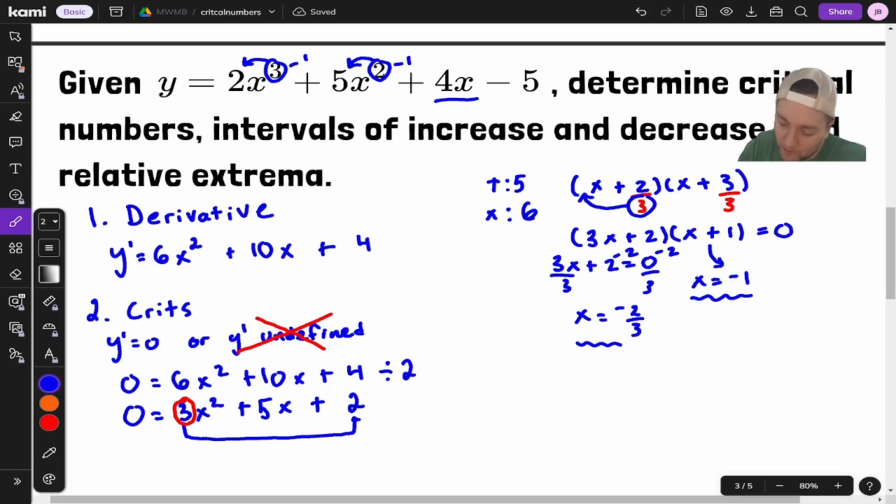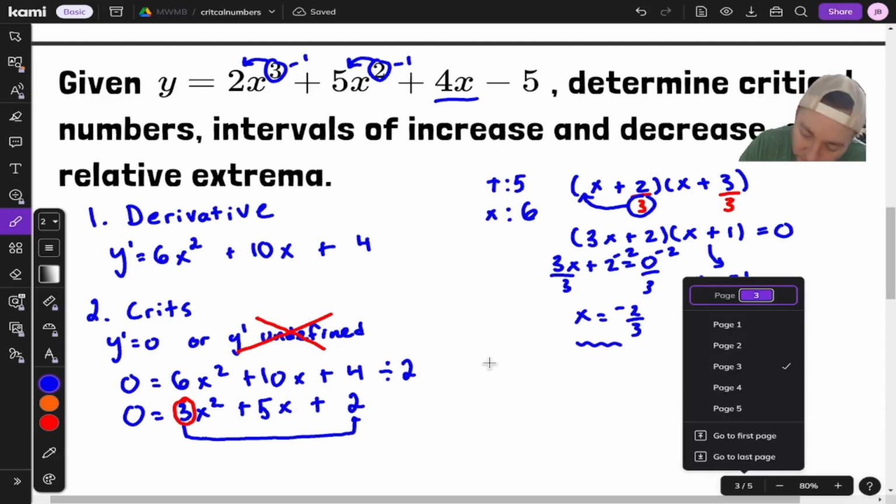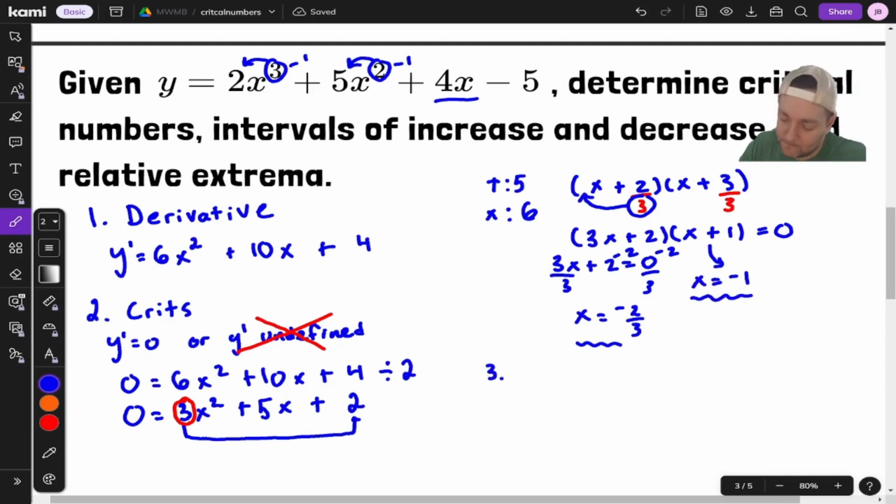All right, so next thing we do, in order to prove a max or min, we have to do intervals of increase and decrease, and that's how I represent increase and decrease with those arrows.